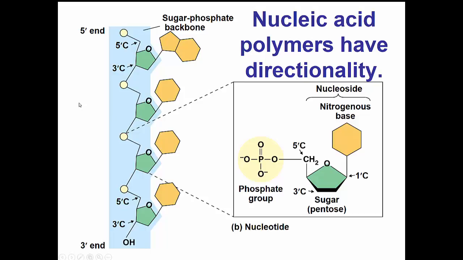DNA and RNA polymers have directionality. They have a 5' end and a 3' end that are chemically distinct from one another. And that's going to become important in the next few chapters.